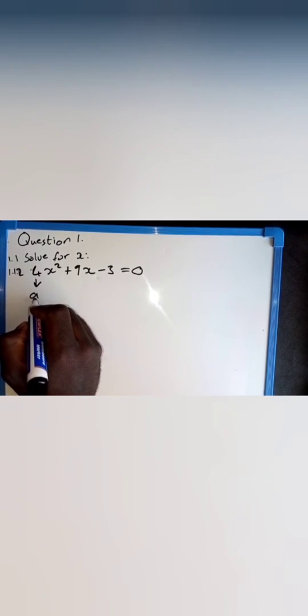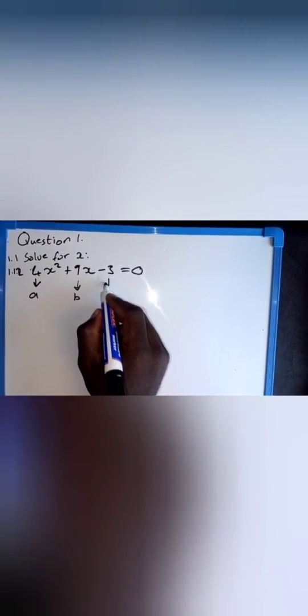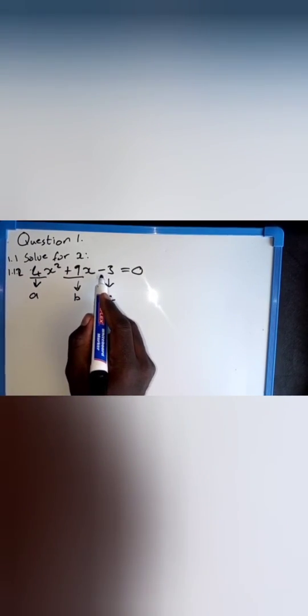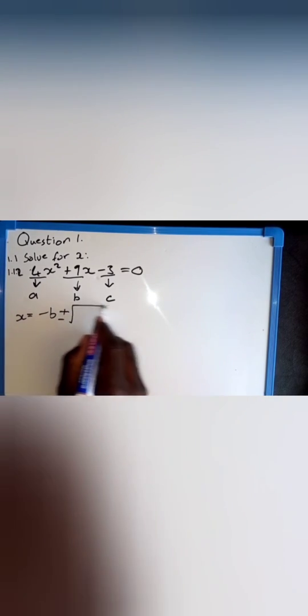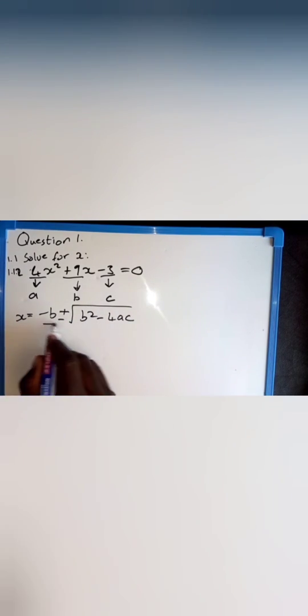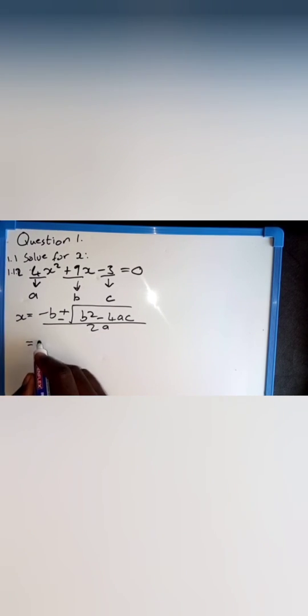So we know that this here is our A, this here is our B, and this here is our C. So 4 is A, positive 9 is B, and negative 3 is our C. So our quadratic formula is x is equal to negative B plus minus square root of B squared minus 4AC, divided by 2A.